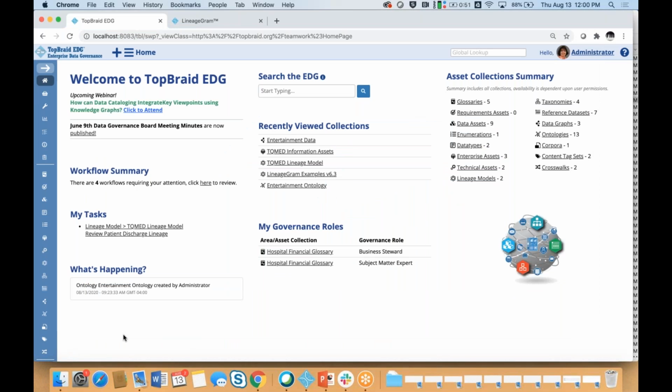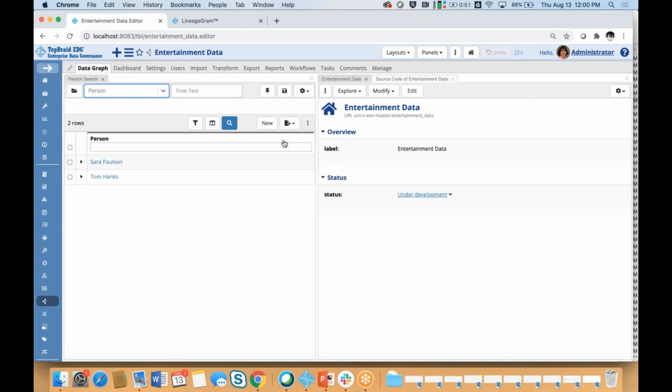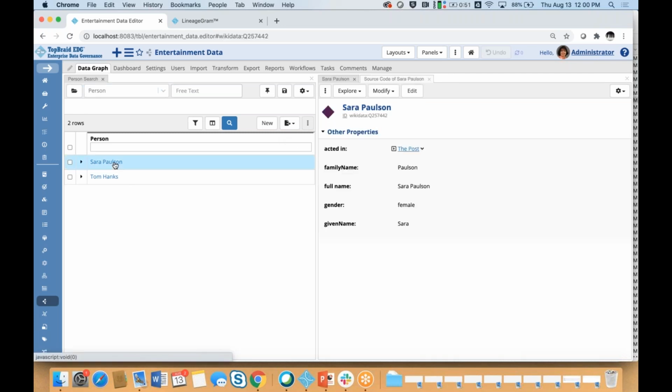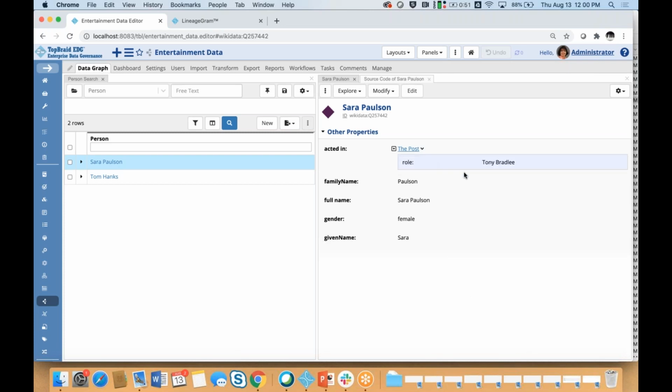do a quick demo of this graph information in TopBraid. It's the information that I just showed you in two different data models. So I just have a small amount of data here about Sarah Paulson and Tom Hanks. And you could see the information we have about Sarah, and we could click here.